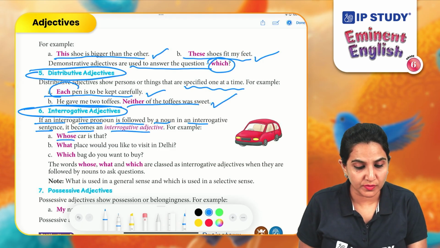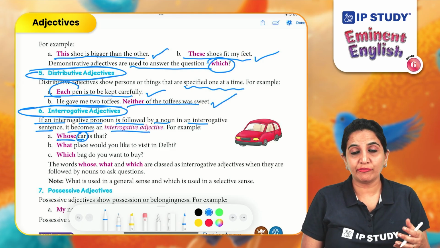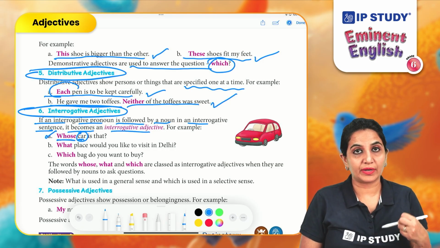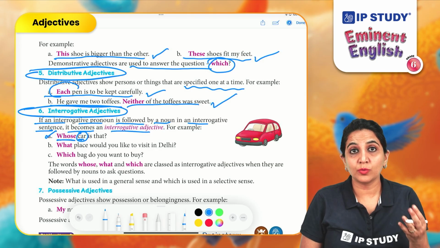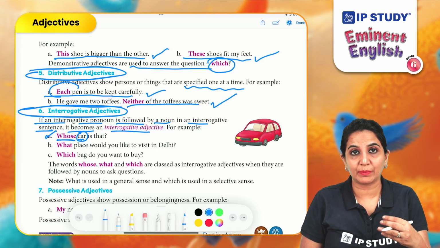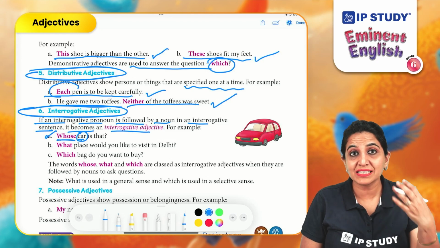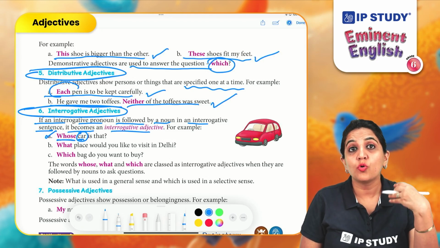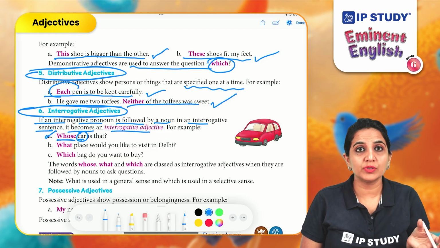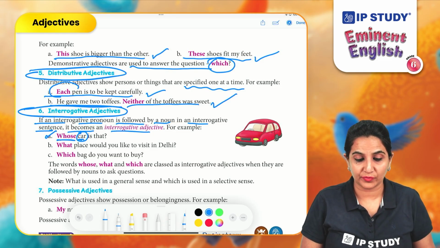So whose car? Now car is a noun. So if the word is followed by a noun, it becomes an interrogative adjective, because whose car is that? That means we are asking who this car belongs to, right? So whose is an interrogative adjective.